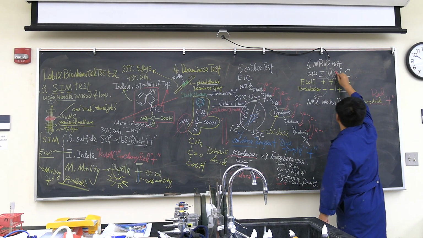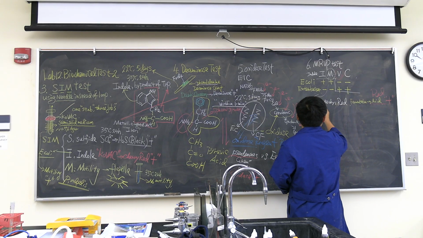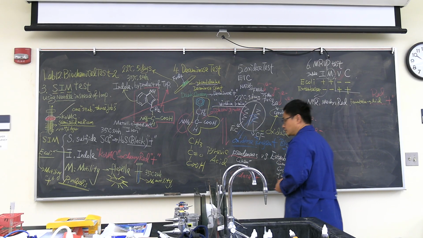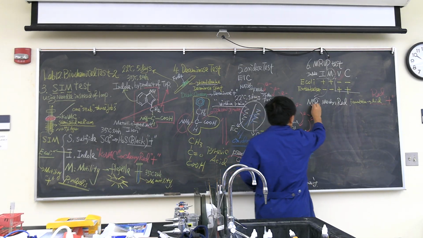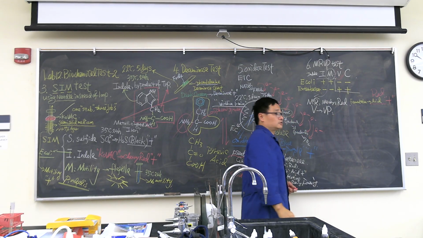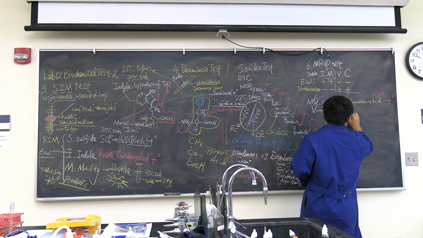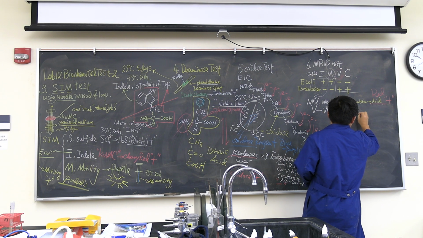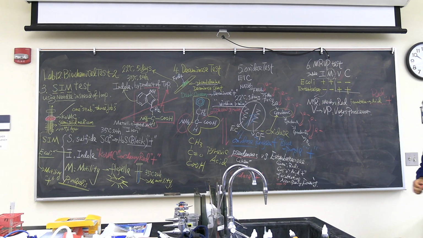Okay, what is V? That is the VP test. So V here represents VP. What does VP mean? That is not vice president. Voges-Proskauer. What is the Voges-Proskauer test?